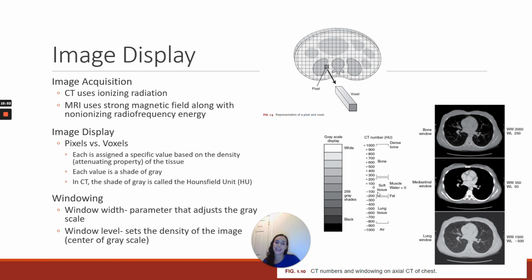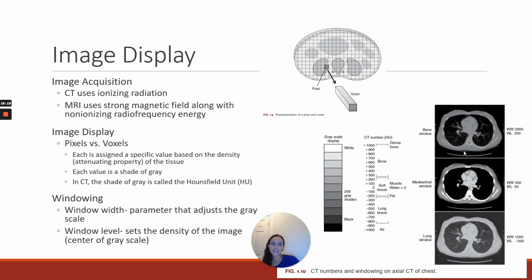It's gray, and it's referring to water. So air is black. It has a Hounsfield unit of negative 1,000. White is bone, very dense bone, and it has a Hounsfield unit of positive 1,000. And everything in the middle is all those other soft tissue organs that you see within your body.